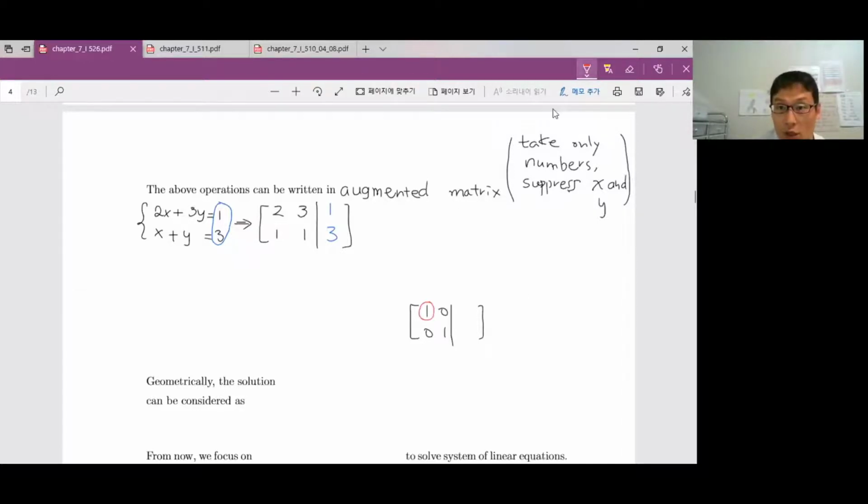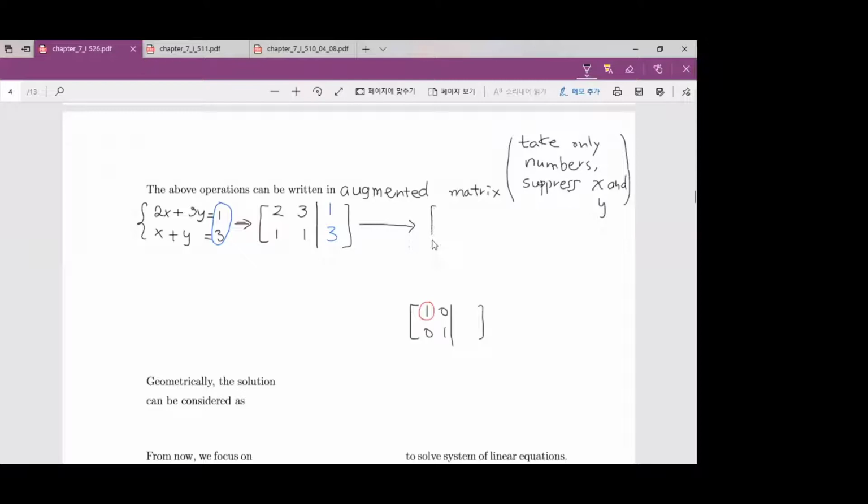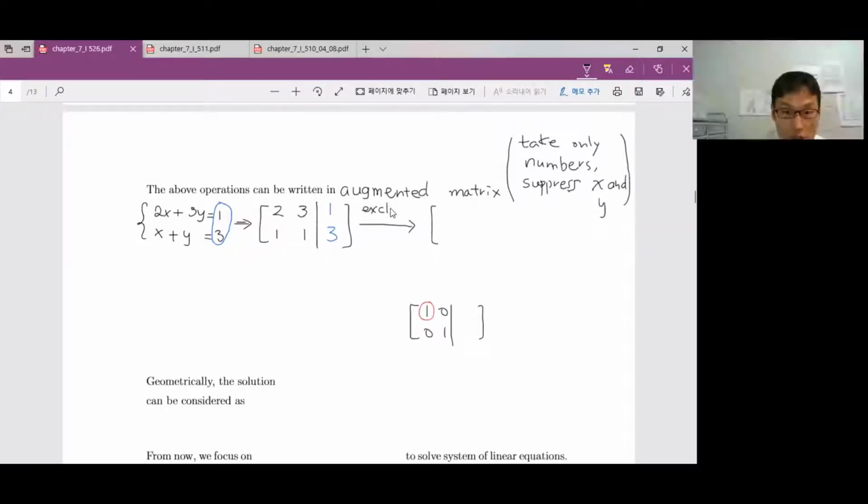What kind of operation do you want to apply? So you want to exchange row 1 and row 2 first. Exactly. Exchange row 1 and row 2. You apply this operation to the entire matrix, the entire row. So 1, 1, 3, and then 2, 3, 1.